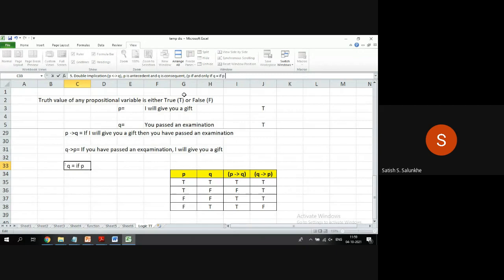If P then Q, and if Q then P. This is double implication. Similarly, Q if and only if P.